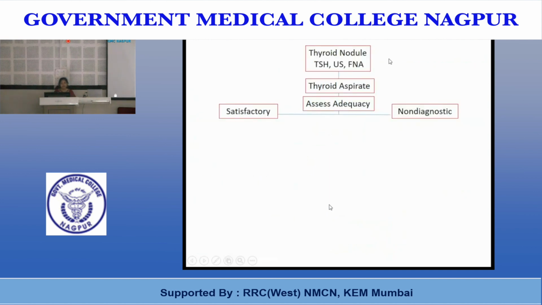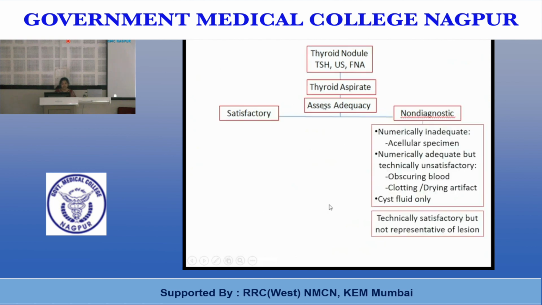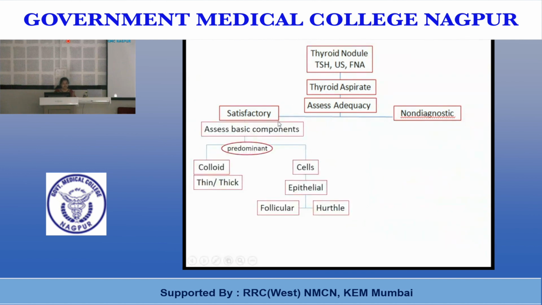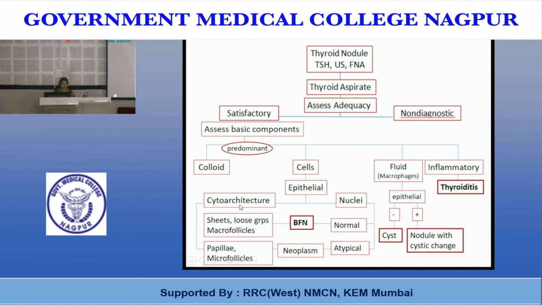So to wrap up, if you have a thyroid nodule, always remember that the biochemical, radiologic, and cytologic findings should always complement each other. In a thyroid aspirate, first assess the adequacy. If it is non-diagnostic, try and identify the cause and then repeat it and rectify it. If it is satisfactory, assess the basic components, colloid and cells, and to identify the benign follicular nodule, look carefully at the cytoarchitecture and more carefully at the nuclei of the epithelial cells.